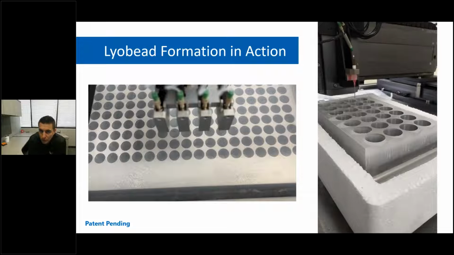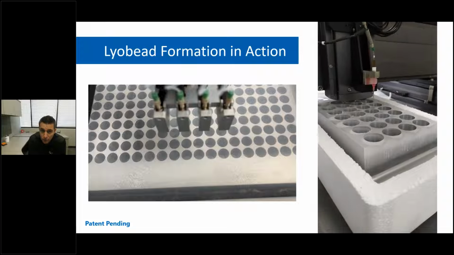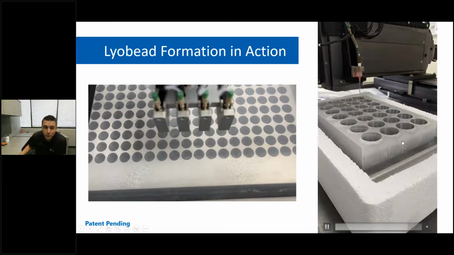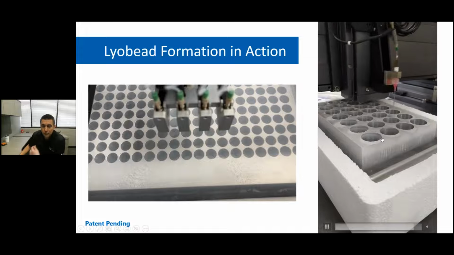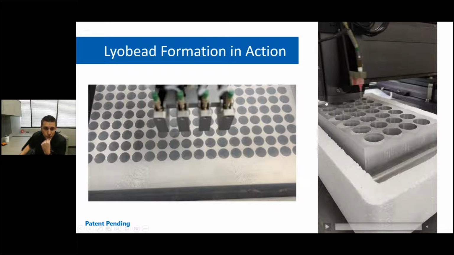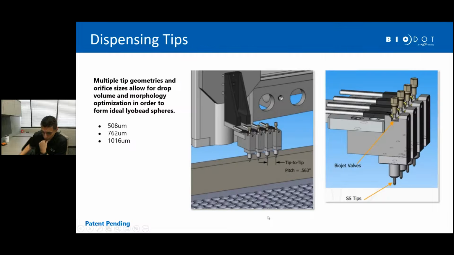We want to make sure we're not creating any doublets or triplets during this process. When we're forming these beads, and we have some imagery that you'll see later where we actually can see these beads or the droplets in flight.